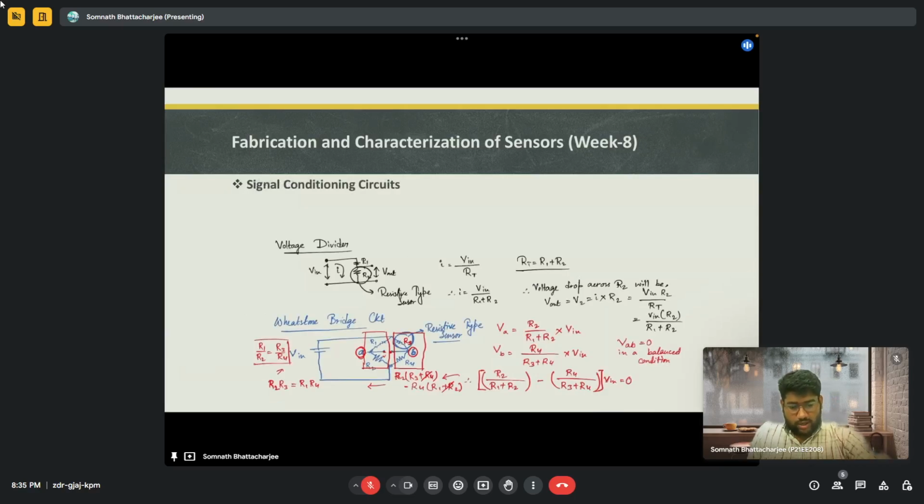So a signal conditioning circuit is a block where you have this input, okay?